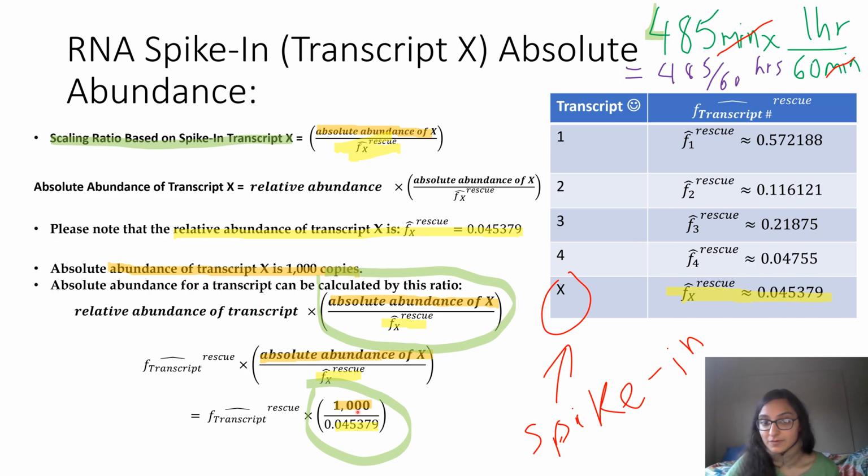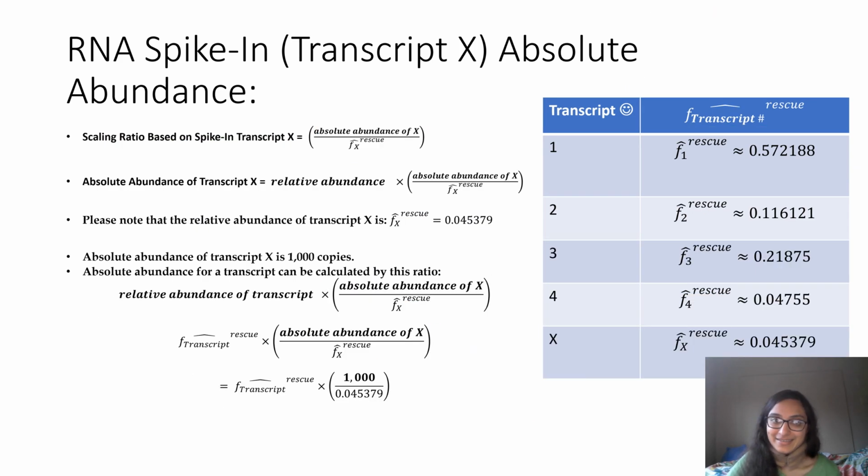If this is the total transcripts for X and this is the relative amount we had for X, we use this as a ratio and multiply our own values by it to find their absolute values. So absolute, 1,000, is to relative, as the absolute for that transcript is to its relative. I used to love those types of problems.